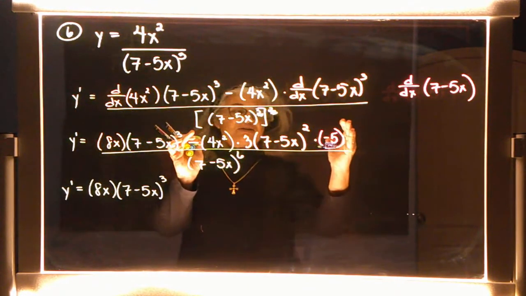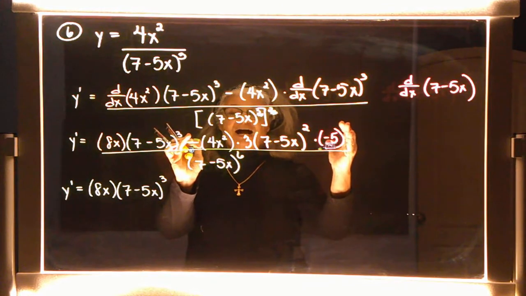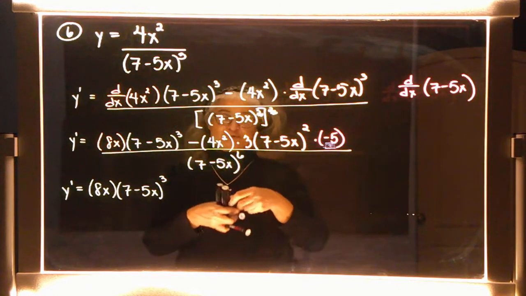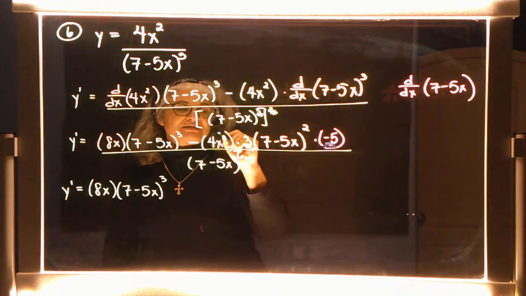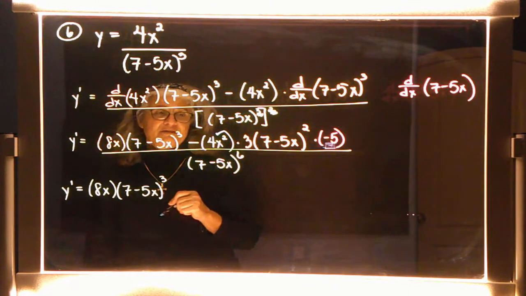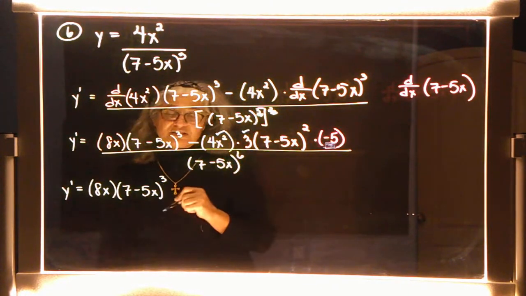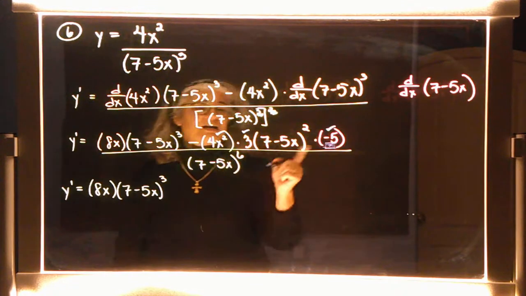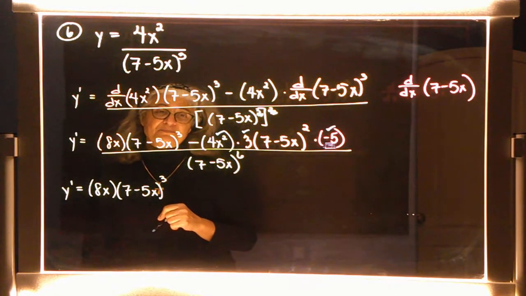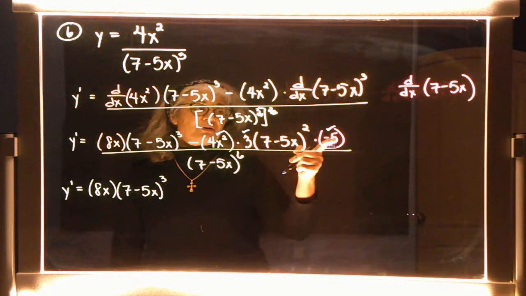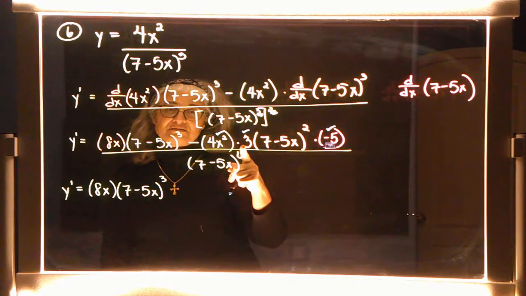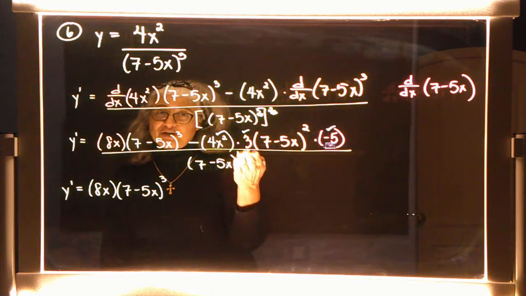Now over here, after the subtraction sign, let's see if you notice the same, I'm seeing this 4x squared, this 3, and this negative 5 all being multiplied together. So the negative 5 times 3 is a negative 15, correct?